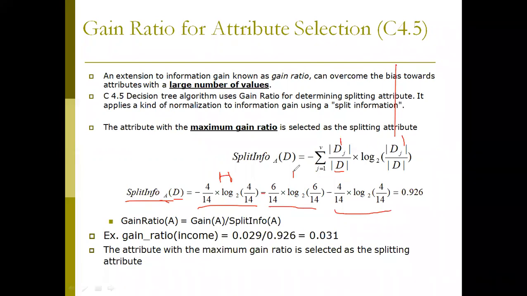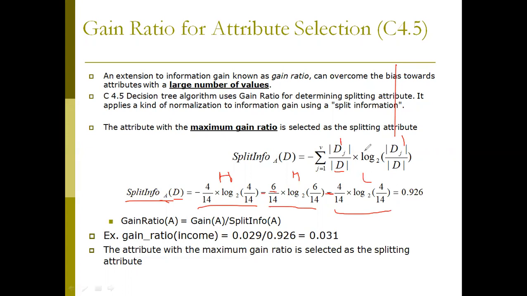What is our second data object? It is medium. Medium has 6 records, so 6 by total 14, minus 6 by 14 into log base 2 of 6 by 14. Minus again, what is the last data object? Sorry, low is the last one. Low has 4 data objects, 4 times in our table.